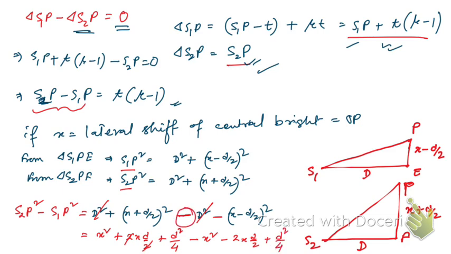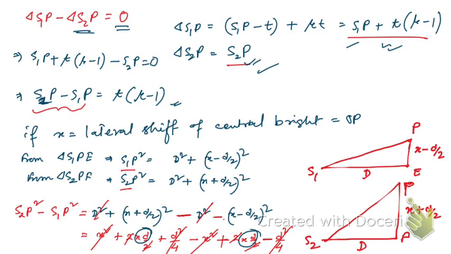But there is a minus sign, so this minus will be plus and this plus will be minus here, and these two cancel, and plus d square by 4 and minus d square by 4 cancel, right? Hope you have understood this. So x square minus x square is gone, so we have only x into d. So we have got S2P square minus S1P square is equal to x into d.